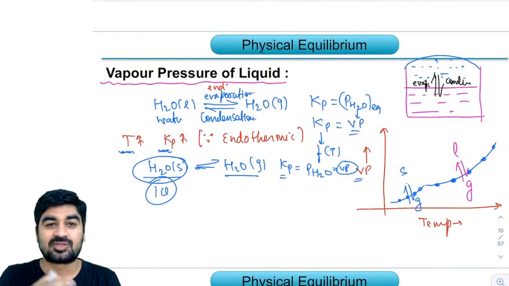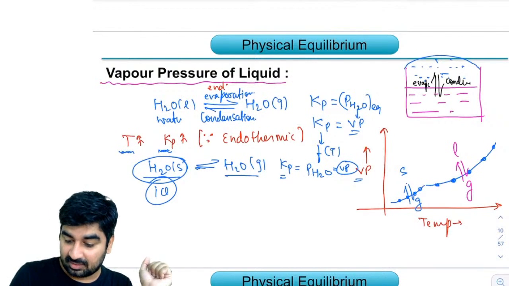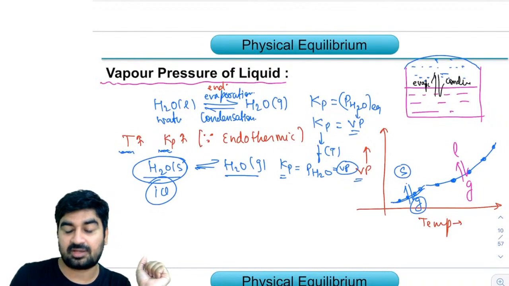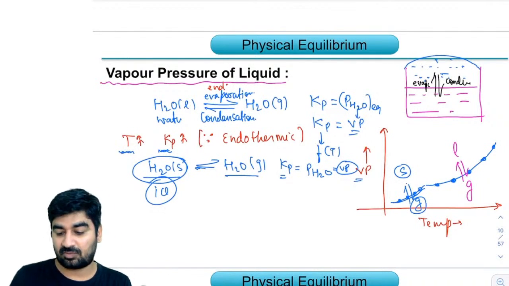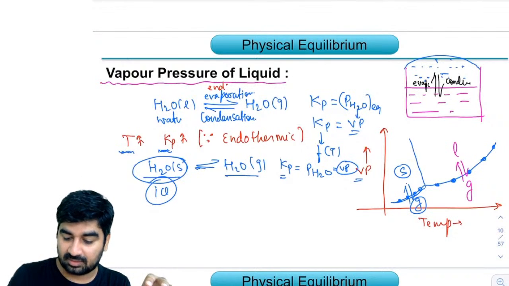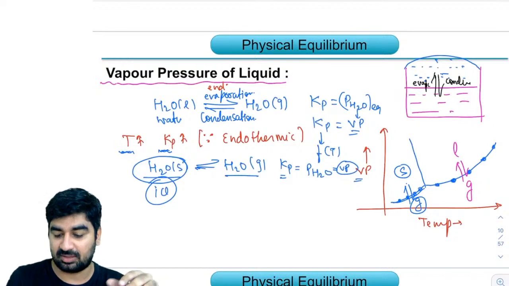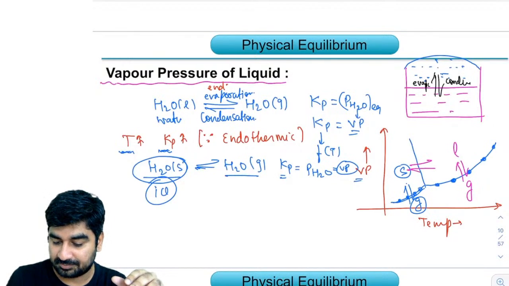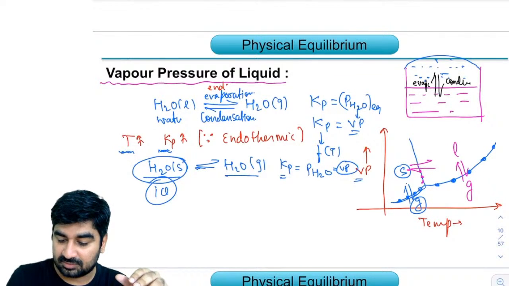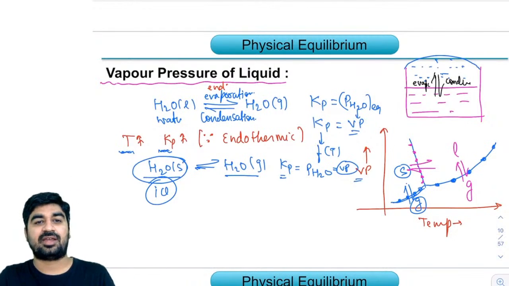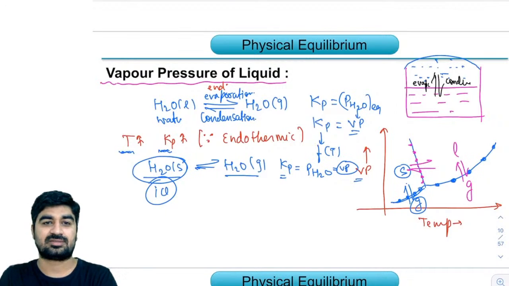Okay guys, so here you can see it. This is the equilibrium, meaning below we have gas, above we have solid. Similarly, we will have a line where that line will represent the equilibrium between solid and liquid. Every point on this line represents equilibrium between solid and gas.